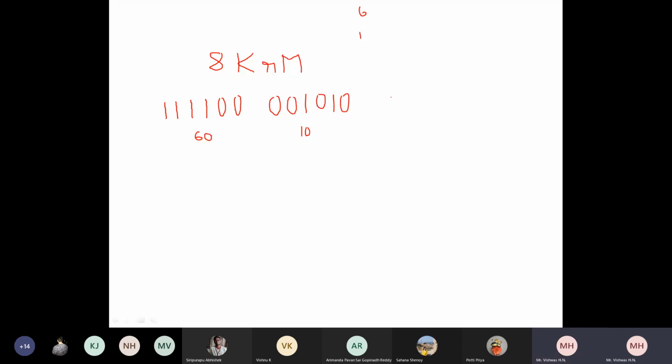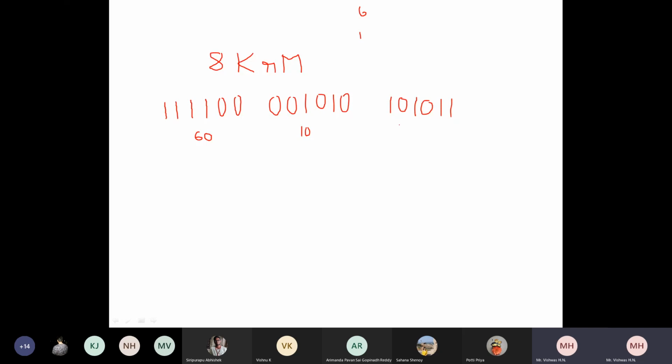Yes, 6th bit is 32. We need 32 plus 16. What is 32 plus 16? It will cross 43. So I don't need 16. So 32 plus 8, I need it. 32 plus 8 is 40. Then I don't need 4, but I need 2. And then finally I need 1 also.